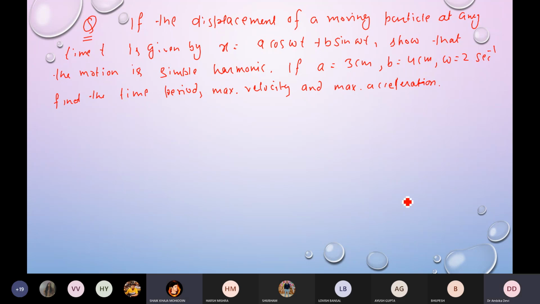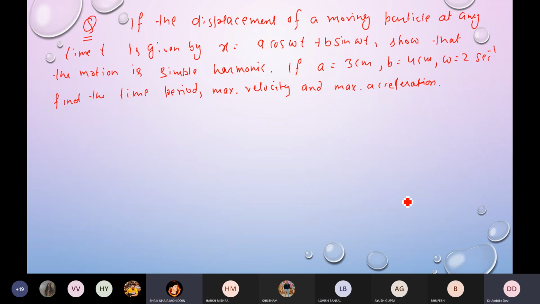Please share your answer. Yes, time period equals pi second. Sorry, what is the value of time period? Pi. Okay. Maximum velocity 10, ma'am. Yes, maximum velocity is 10 centimeter per second. Acceleration 20.